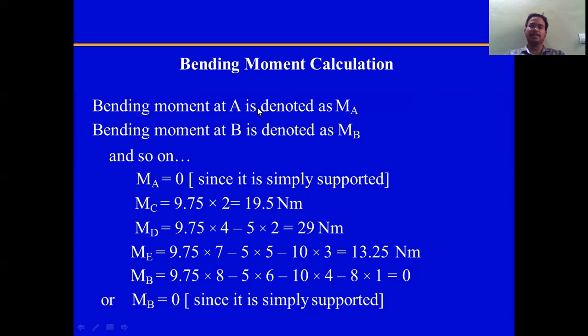Points of forces acting. So first one is at A, C, D, E, and last one is at B. So we get the values 19.5 and 29, 13.25 Newton meter, and at B here it is 0, and MB is 0, since it is simply supported, so the moments at the supports is 0.